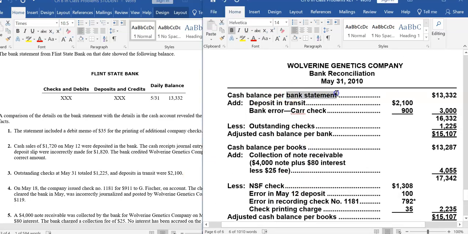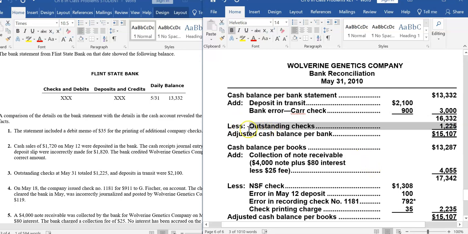So here is the bank side of the reconciliation. Deposit in transit needs to be added to the bank balance, so that will be shown as an add. Outstanding checks need to be subtracted from the bank balance, so those will be shown as a less or a subtraction.